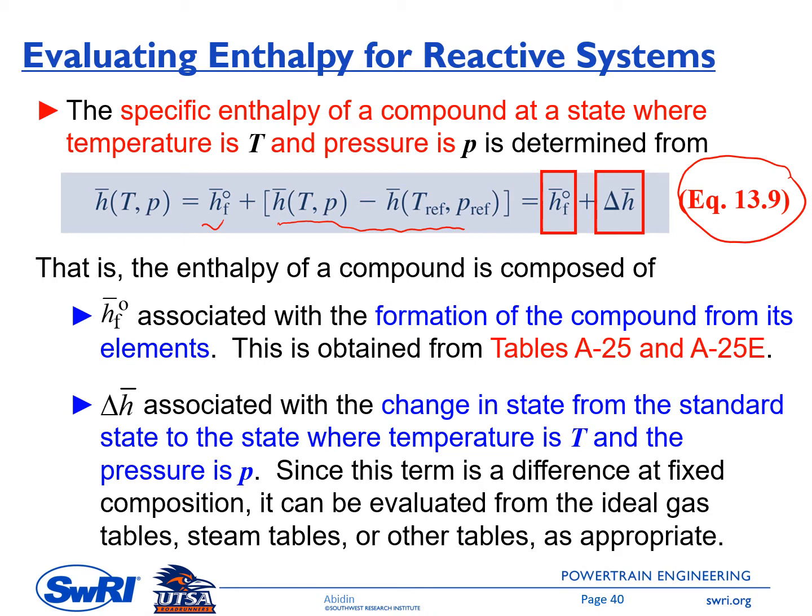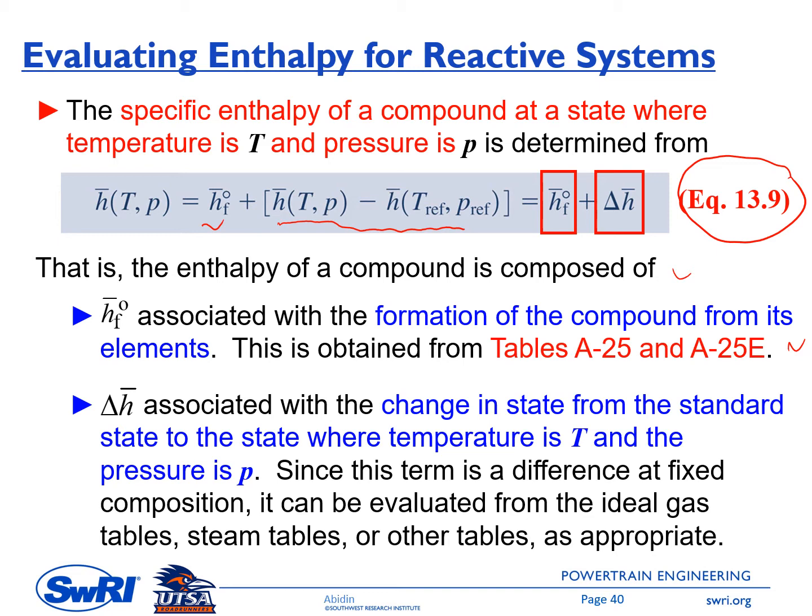So the enthalpy of a compound is composed of h_f, associated with the formation of the compound from its elements, and this can be obtained from table A-25 and A-25E, okay?